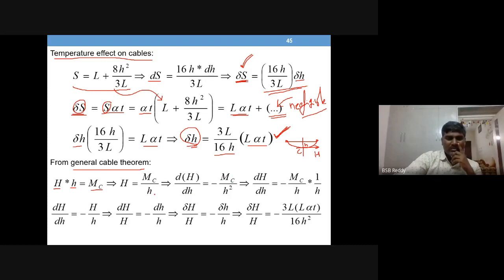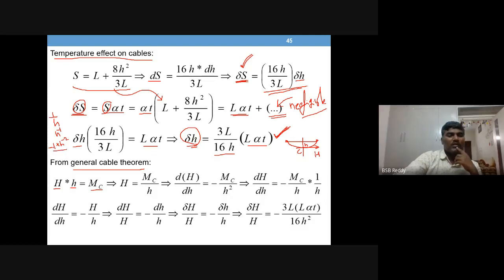So for 1 by h, the differentiation: h power minus 1 becomes h power minus 2. I can write it as 1 by h square. So minus 1 into h power minus 2 is the differentiation value.